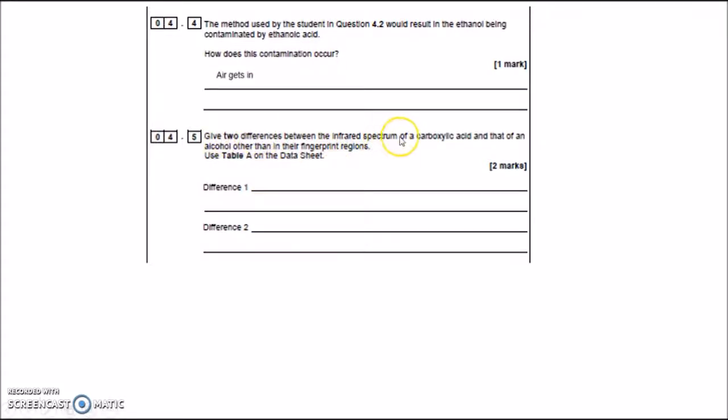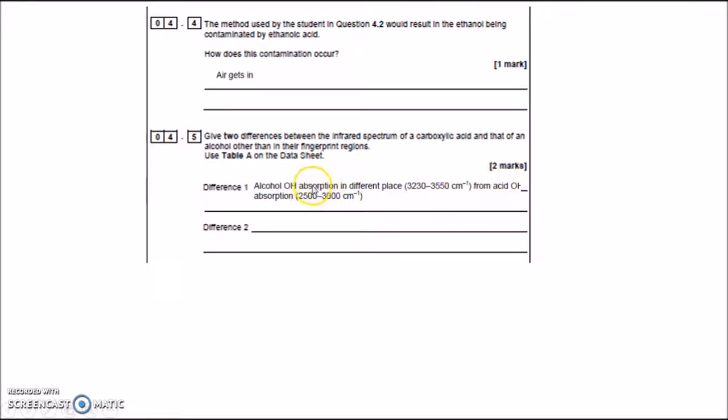Give two differences between the infrared spectrum of a carboxylic acid and that of an alcohol. Well, a carboxylic acid has a C double bond O and an OH on it, and an alcohol has just an OH. But the spectra are different for a carboxylic acid's OH and an alcohol's OH. An alcohol OH absorbs infrared light at a different frequency from the acid OH absorption.